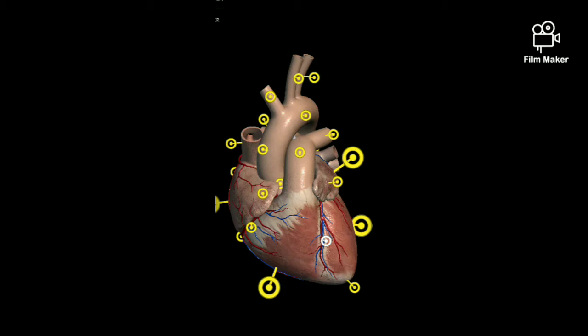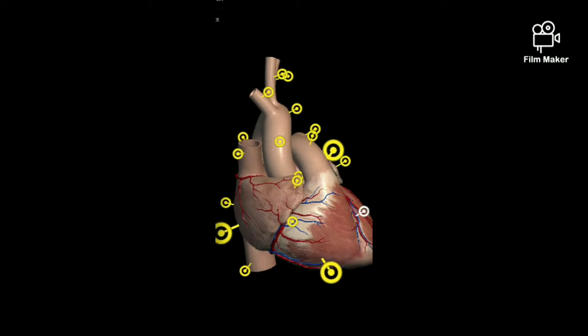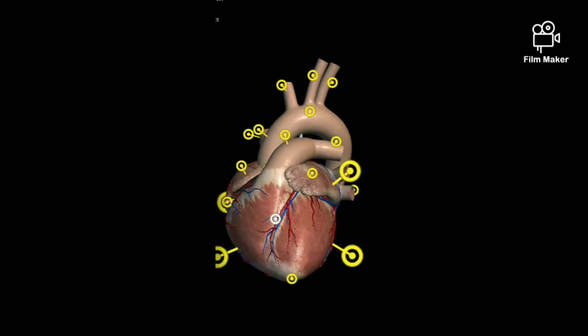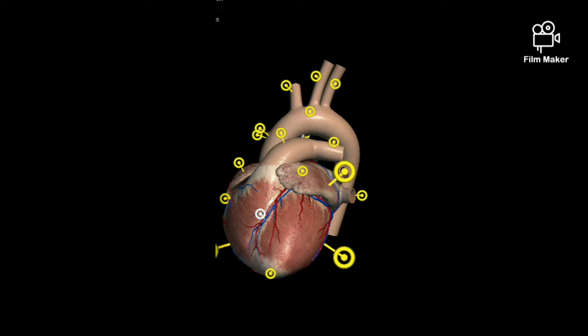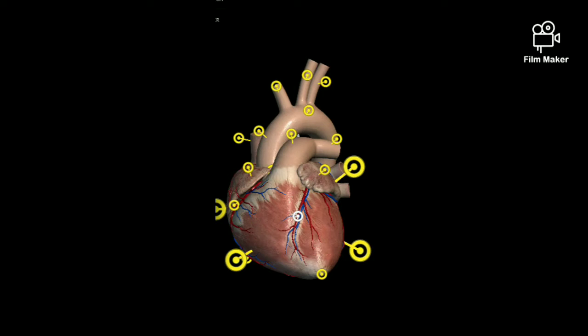And these sulci can be found running vertically on the respective sides of the heart, and they represent the wall separating the ventricles, okay.